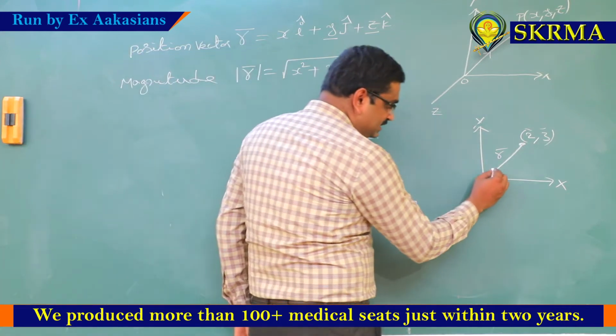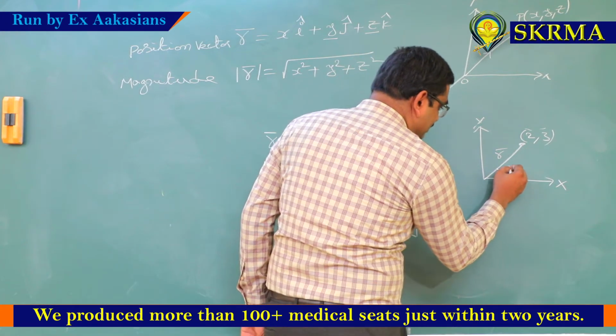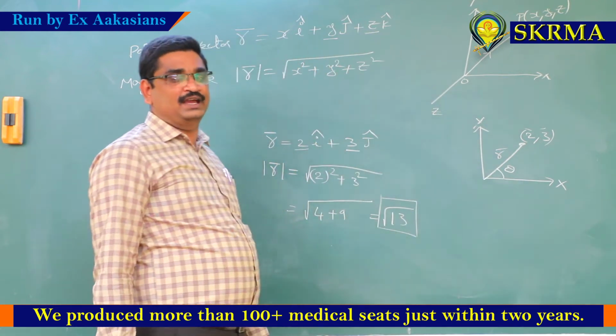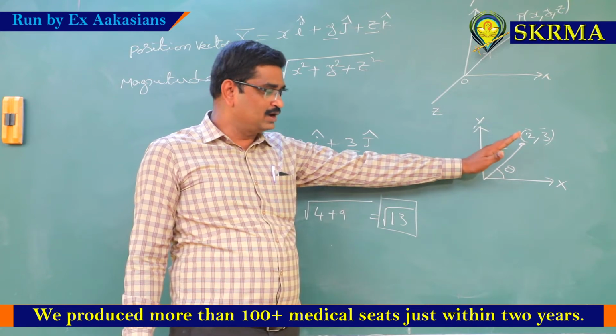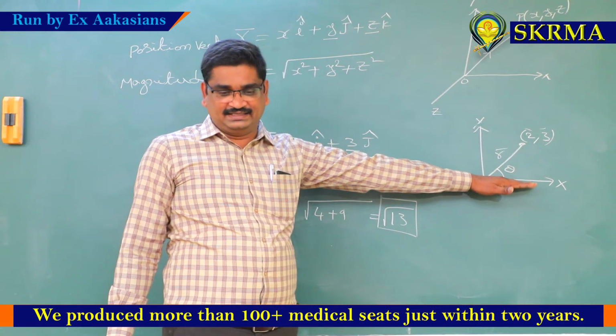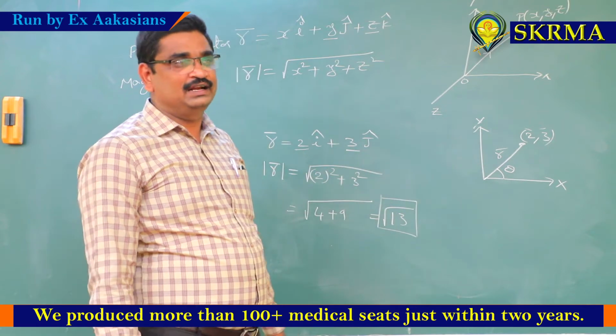Now how much angle is it making with the positive x-axis? Let it be theta, the angle made by r bar with the positive x-axis. How are you going to calculate that angle?